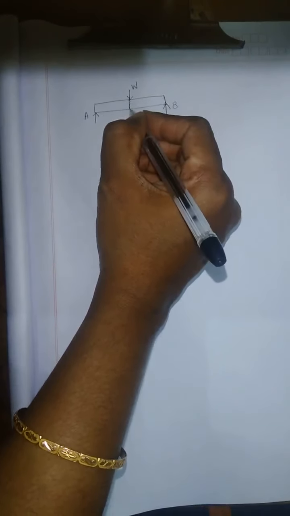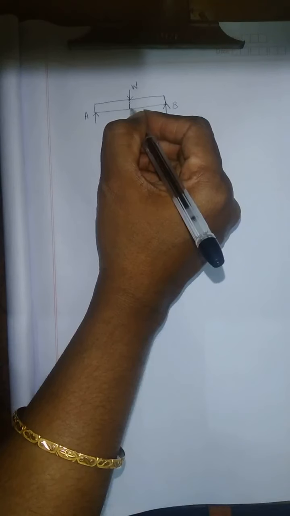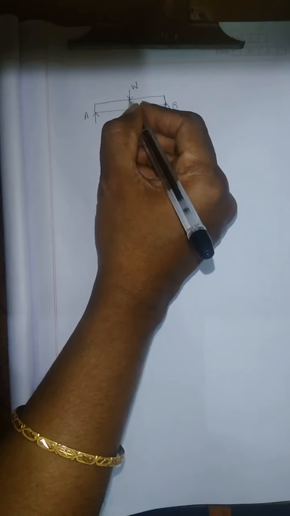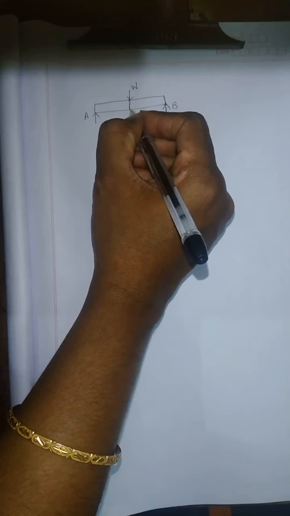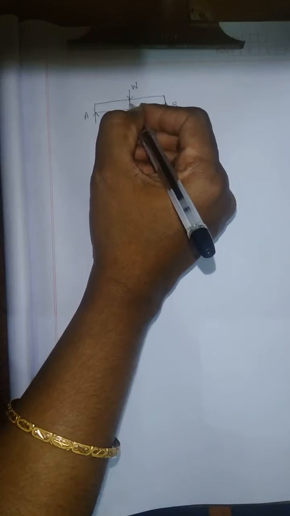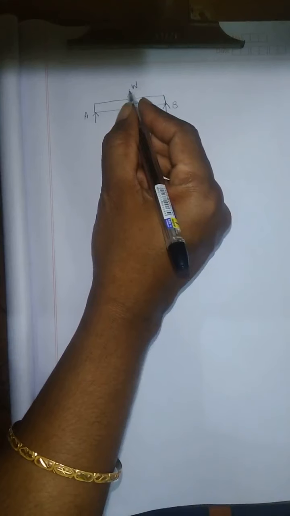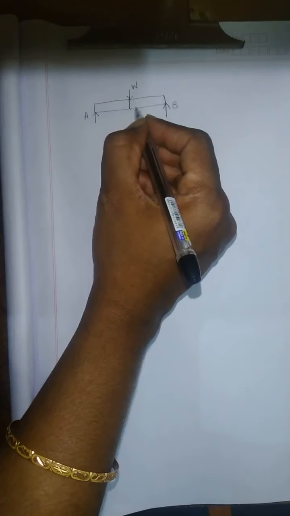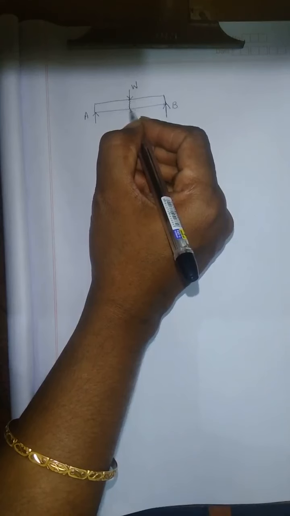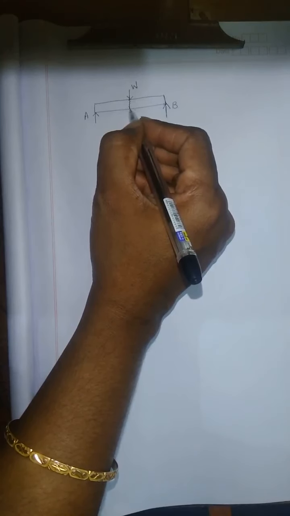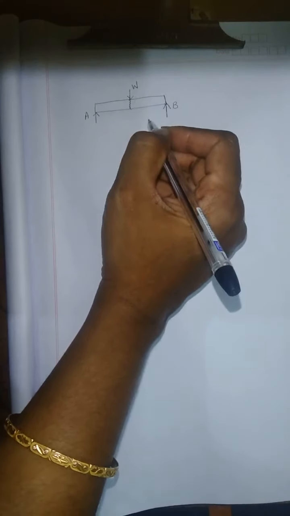So the force which is responsible for the beam to break is known as shearing force. So W is making this beam to shear. Because of this load W, this beam will get into two pieces. It's getting sheared, so that is what we call shear force.